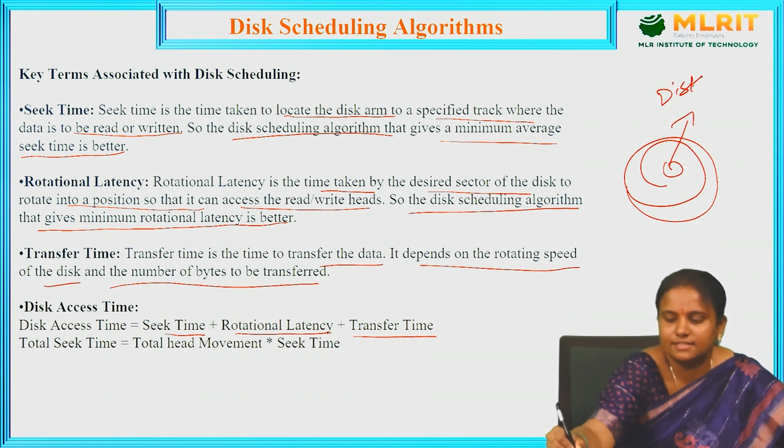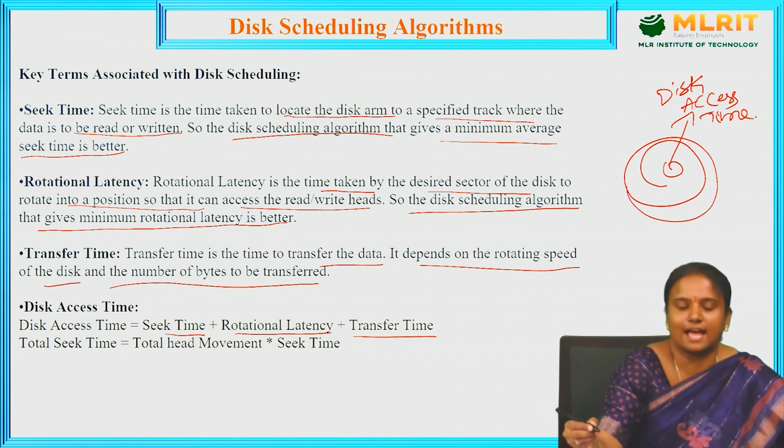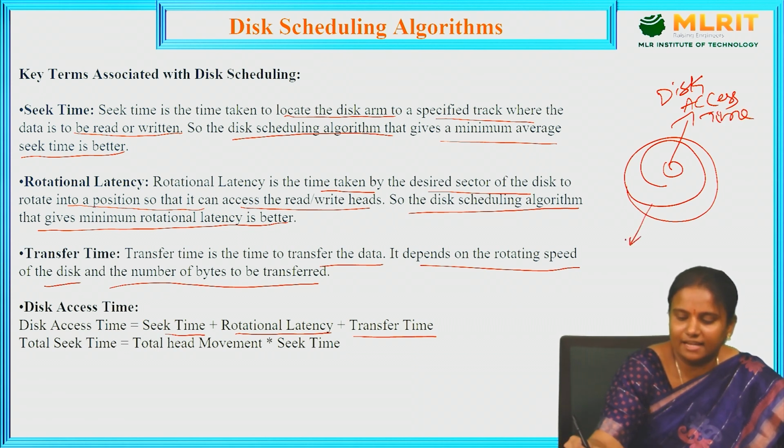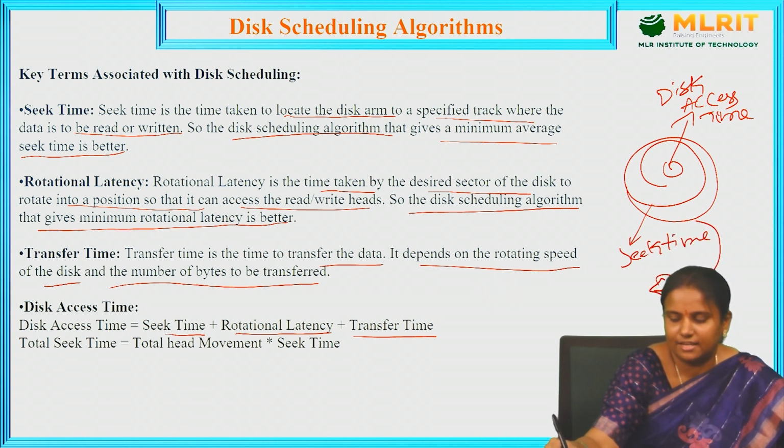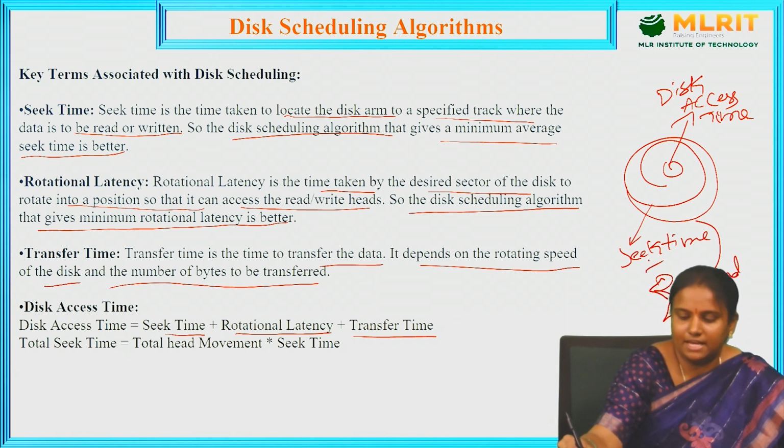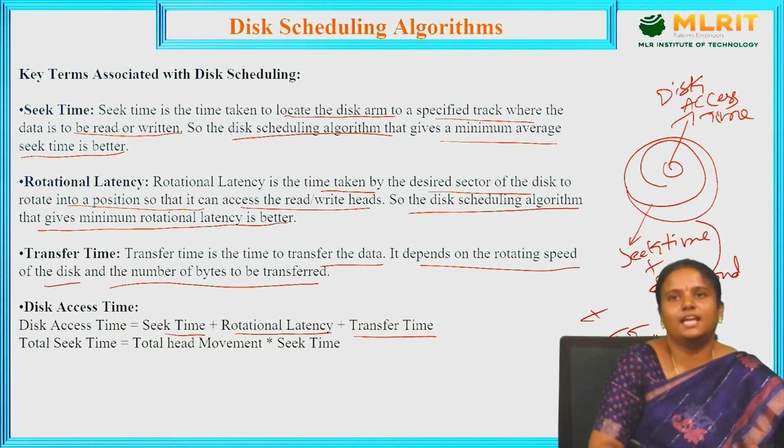To calculate this disk access time, we need seek time and next rotational latency plus transfer time. How are we going to transfer? By these three calculations, you are going to calculate the disk access time. What is the disk access time? It equals seek time plus rotational latency plus transfer time.